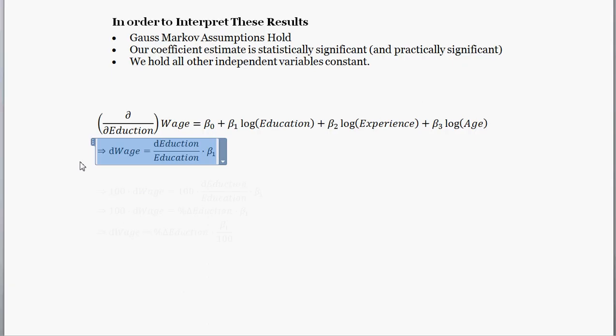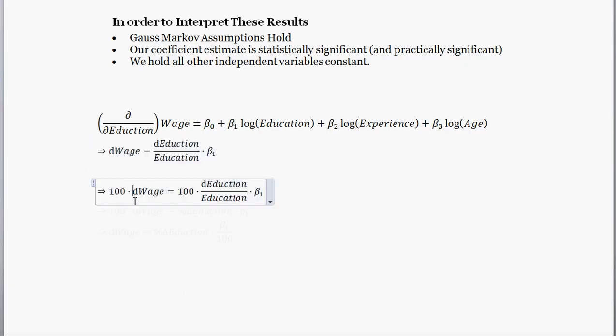That's a useful statistic that we can get intuition from. So let's multiply both sides by 100. Now 100 times d wage is equal to 100 times this change in education in percent times beta 1.